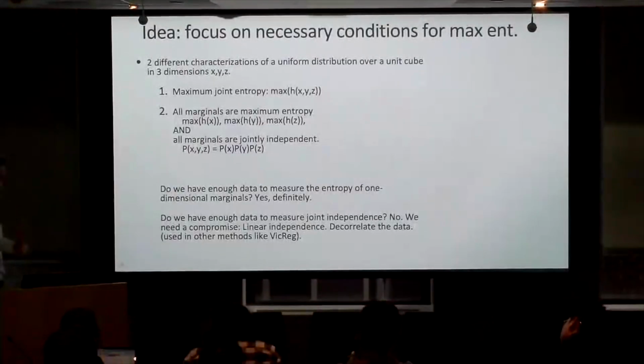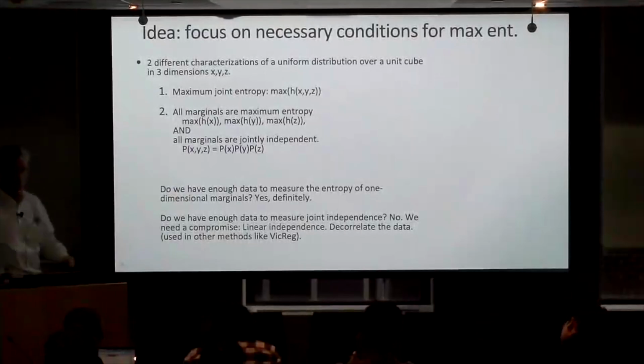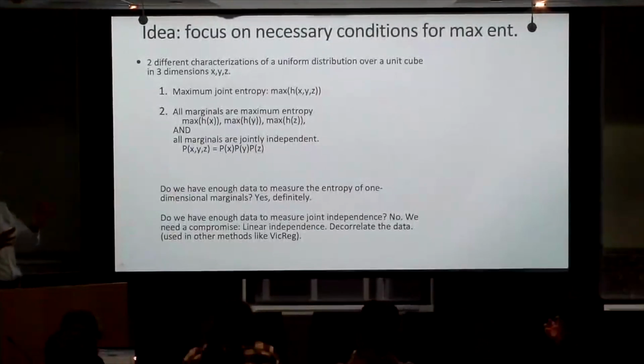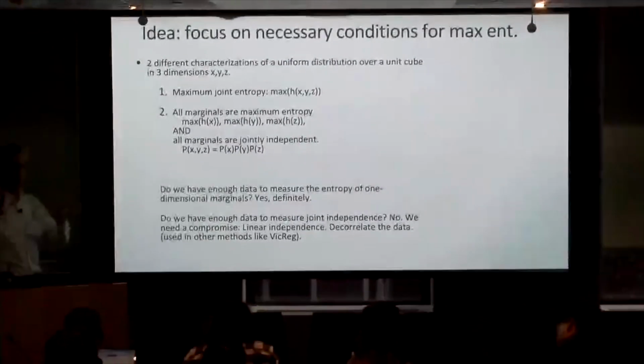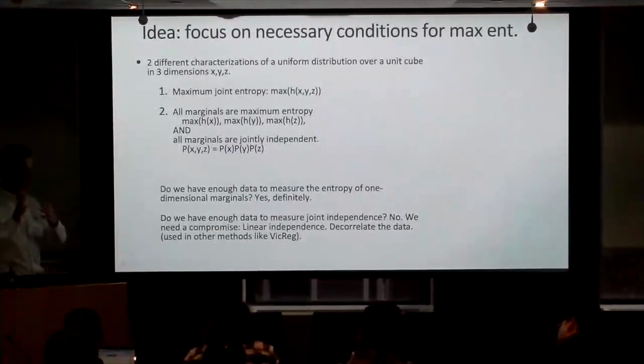But we can make a compromise and use linear independence instead of full statistical independence. That's exactly what methods like VicReg, Barlow Twins, and a couple of other methods have used to decorrelate the data. So we're doing full joint decorrelation, which is tractable.